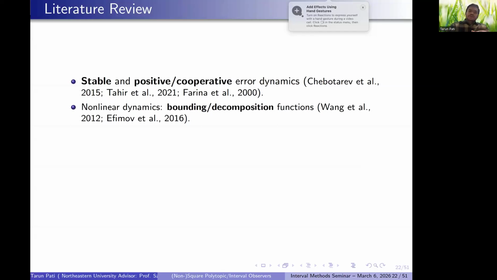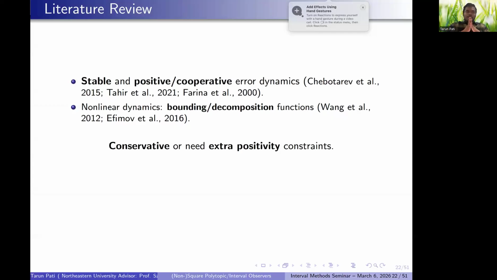When it comes to previous works, interval observers using positive and cooperative error dynamics were built as early as the early 2000s and even before that, and especially in recent times there has been an explosion of interval observer works based on bounding functions and decomposition functions for nonlinear systems.